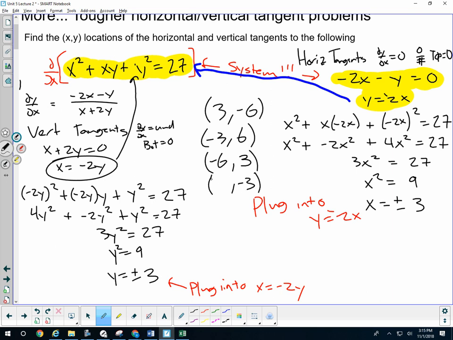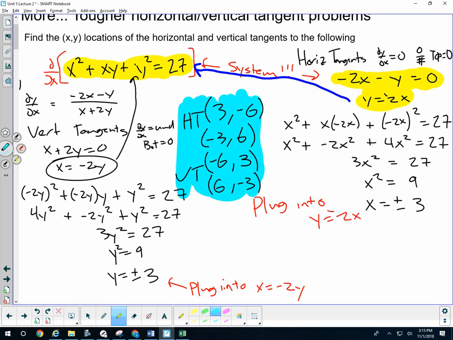My y coordinate is -3, my x coordinate is +6. All right, so here's my horizontal tangents. Here are my vertical tangents. And these are the tougher horizontal and vertical tangents types of problems, where you have a system, from your derivative equal to 0, solve for a variable, plug it into the original.